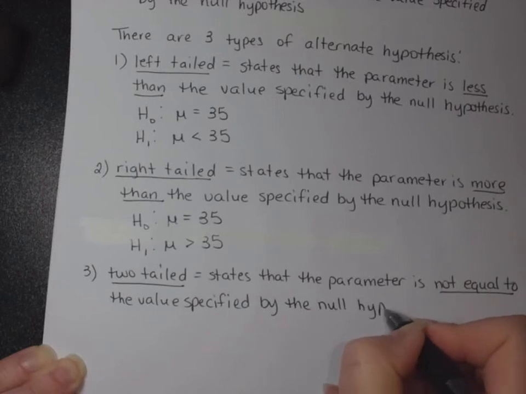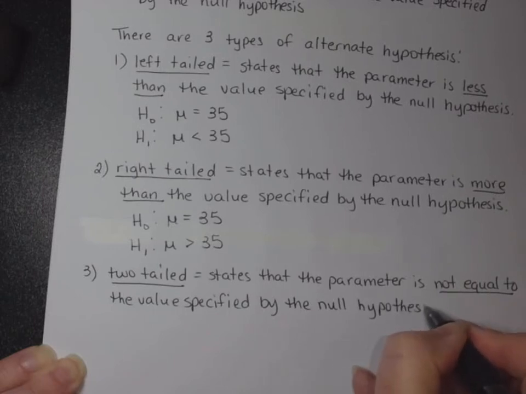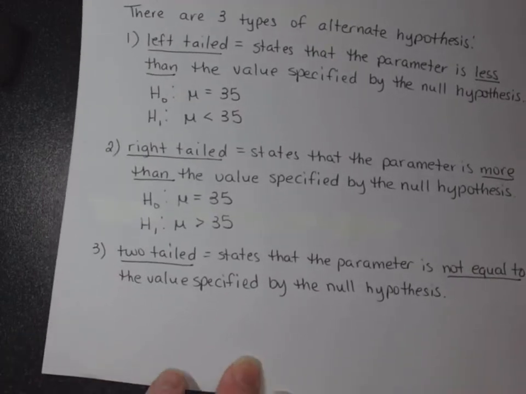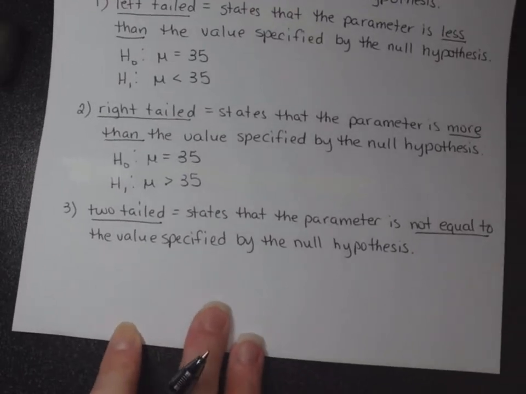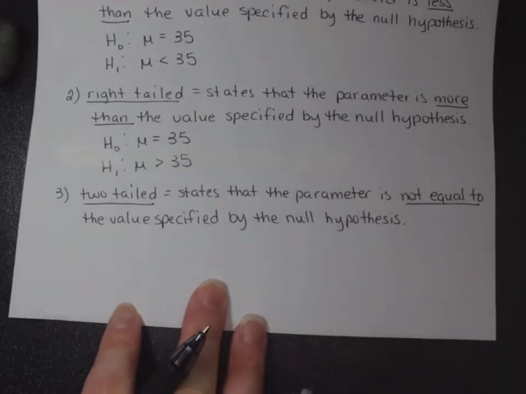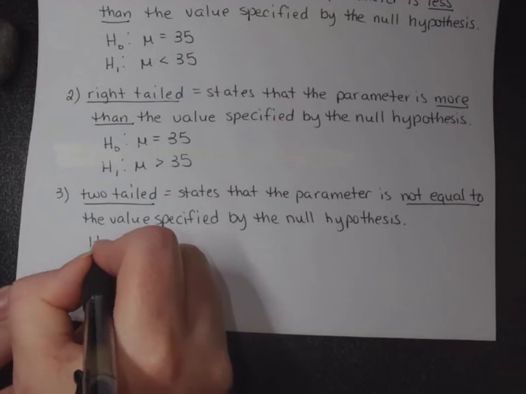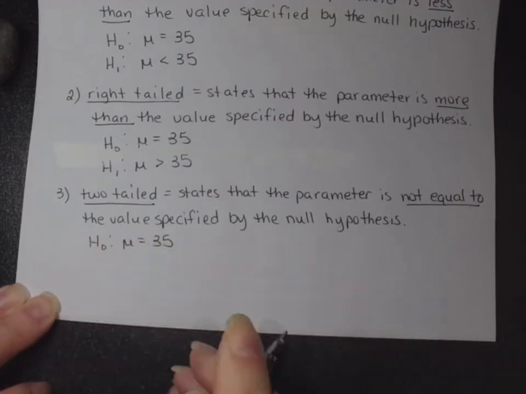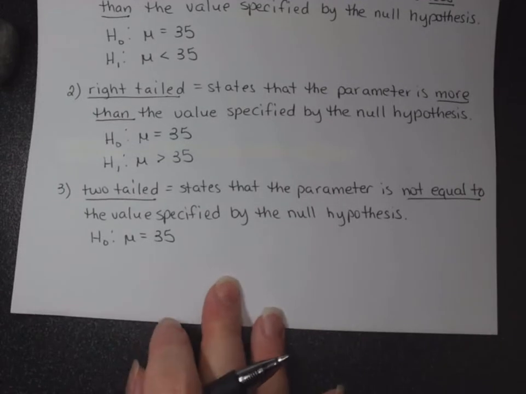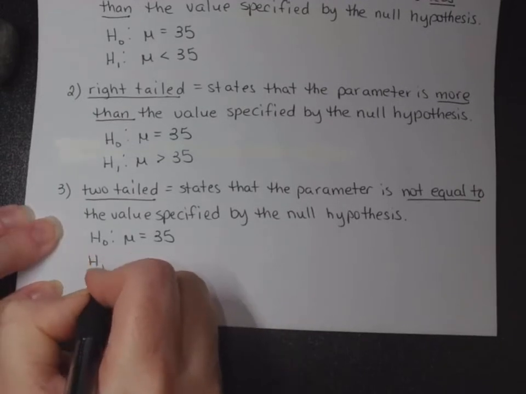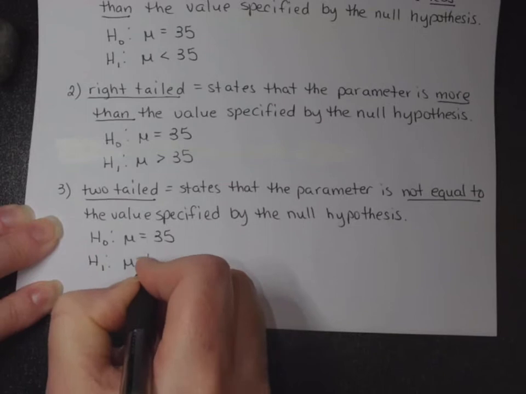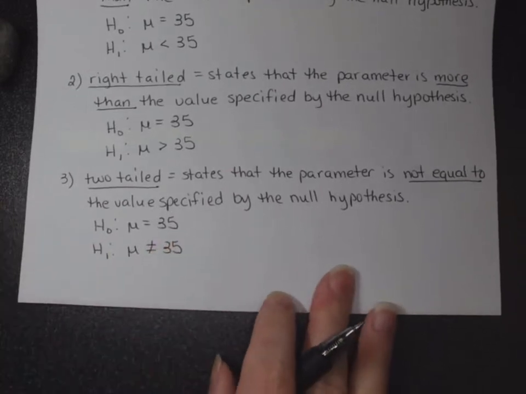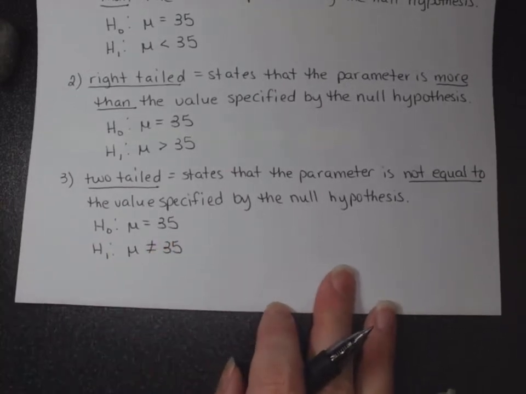This type of test is for when you don't really care whether it's bigger or smaller. You just want to know if the null hypothesis ended up being true or not. So that would be, hey, we think the average temperature is 35, but the alternate is that it's something other than 35. That means not equal to.